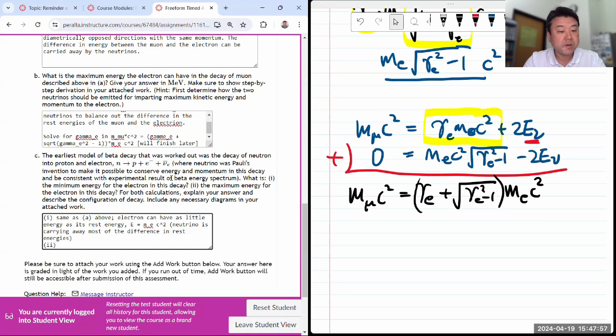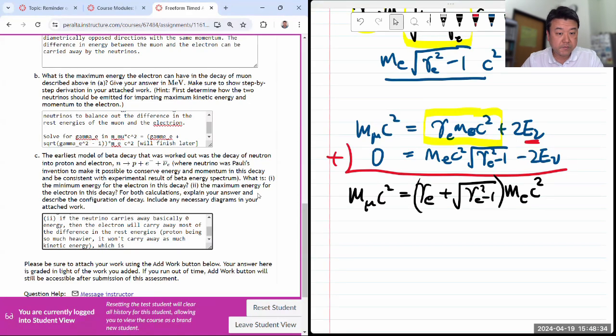And two, if the neutrino carries away basically zero energy, then the electron will carry away most of the difference in the rest energies. The proton, being so much heavier, won't carry away as much kinetic energy, because with the smaller energy, they'll have the same amount of momentum as the electron.